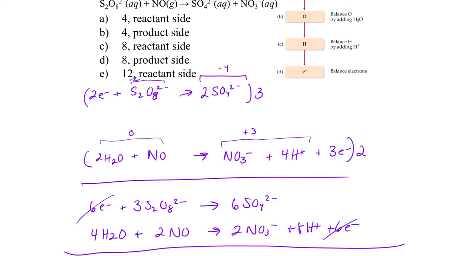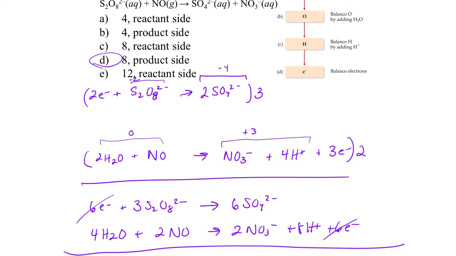And so we have 8 H plus on the product side. Question? Yes. I'm still a little confused where you have the H, like which reaction for H2O. Okay. So the step where we're adding water.